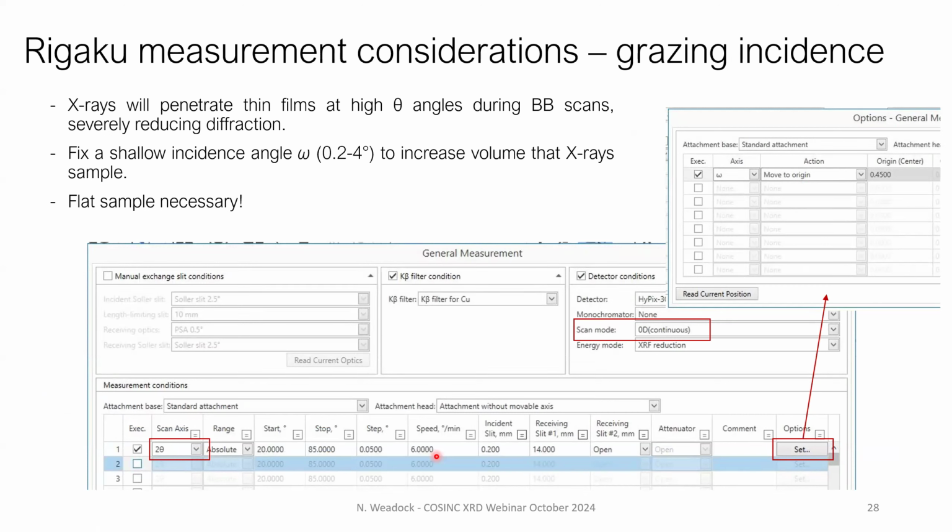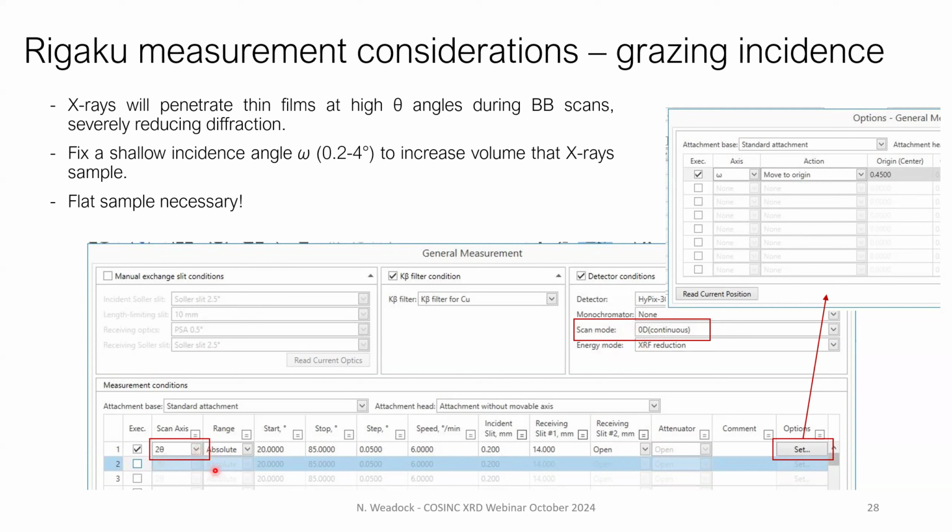For grazing incidence measurements, I mentioned you're going to have a shallow incidence angle. So in the GI-XRD 0D mode, you have to change a couple parameters. First, you'll want to make sure that your scan mode is now the 0D type measurement, because that's going to eliminate our footprint effects.